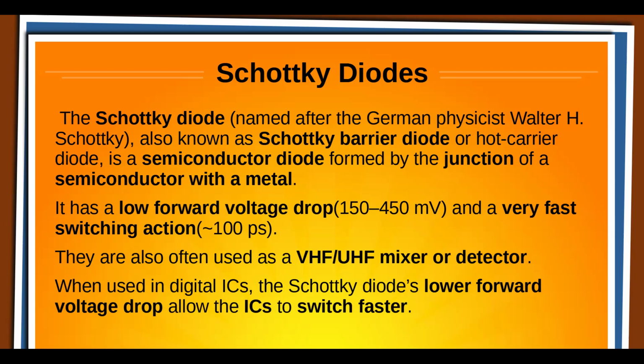Because they had low capacitance and a low barrier, they were very fast. So they could be used up in the multi megahertz range. And sometimes you'll use those as mixers or detectors in VHF and UHF because of that low voltage drop.